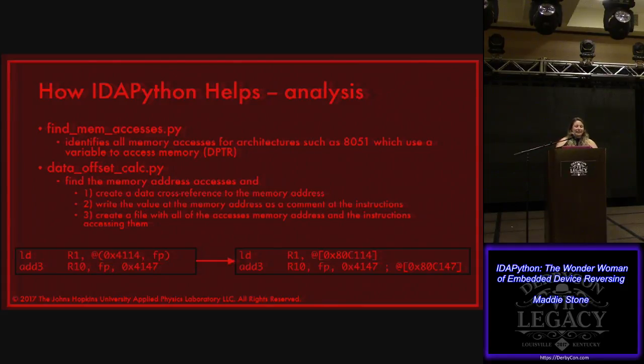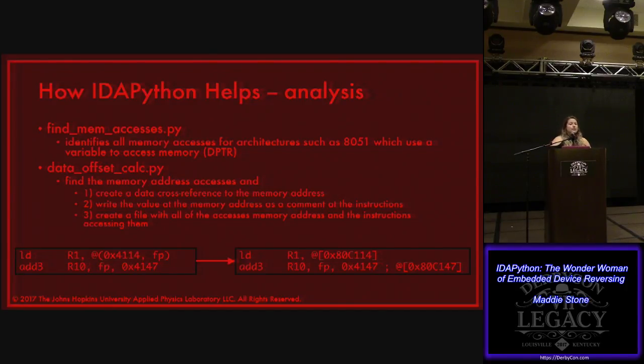That really doesn't help me very much as I'm trying to do anything. It turns out the value of this frame pointer was 80800, something like that. So it's not easy math to do in your head. And then you also see these add3 instructions where they are loading a register with a memory address to then access later on.